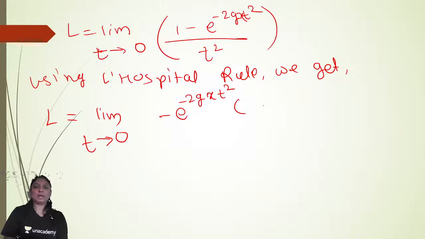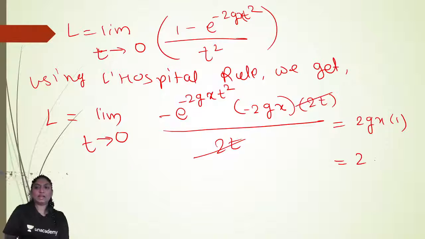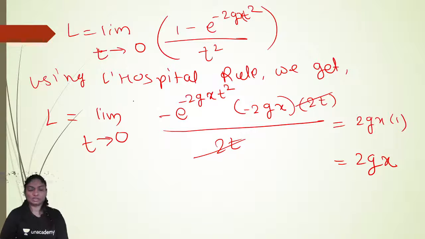The derivative of minus 2gx t square is minus 2gx into 2t, upon 2t, so the 2t will get cancelled out, and minus minus becomes plus. Now put t tends to 0: 2gx into e raised to 0, which is 1. So the value of this limiting function is 2gx.